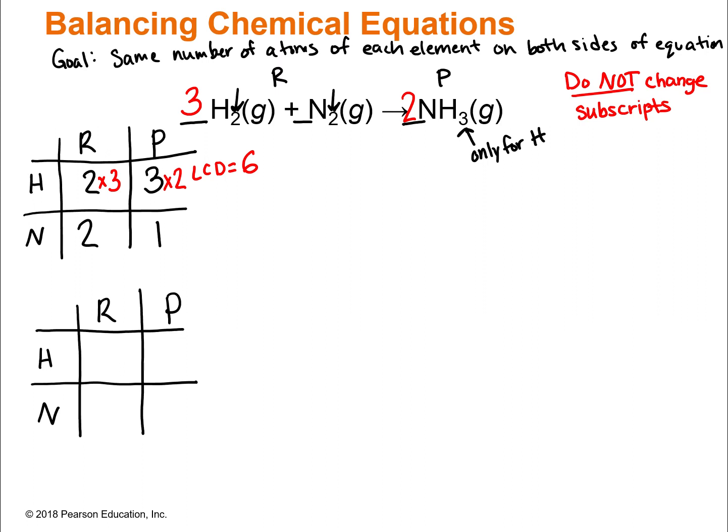Since we added that 3 in front of the hydrogen gas, we now have 3 times 2, which gives us 6 hydrogen atoms. We haven't done anything to the nitrogen gas, so we've still only got 2 there.